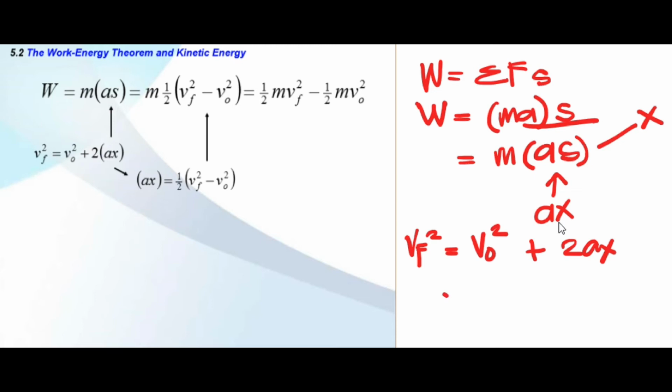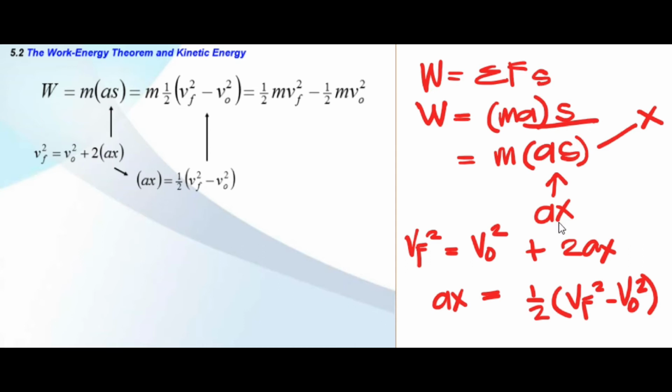Now, by deriving ax from this equation, ax is equal to 1/2 of the quantity Vf squared minus V sub 0 squared. So this is now ax.